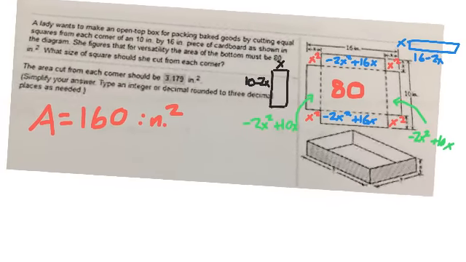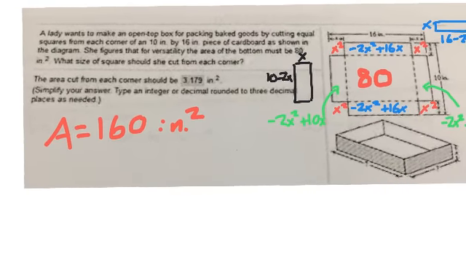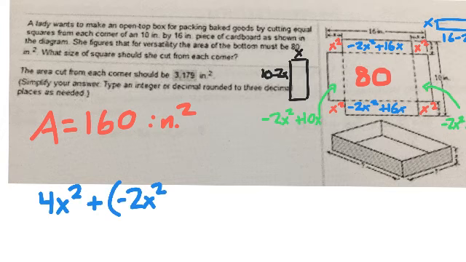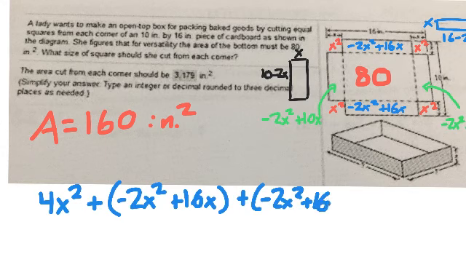And so then what I like to do is I like to add all of those together, because I know when I add all of that, I should get 160. So that's going to be x squared plus x squared plus x squared plus x squared. That is 4x squared. Then plus, I've got negative 2x squared plus 16x plus negative 2x squared plus 16x.